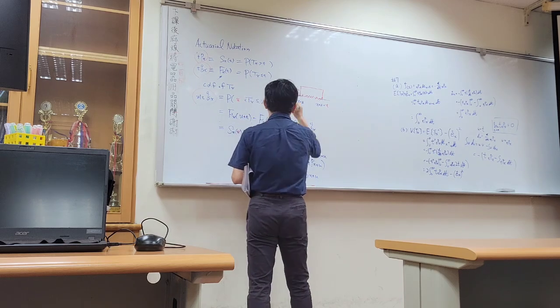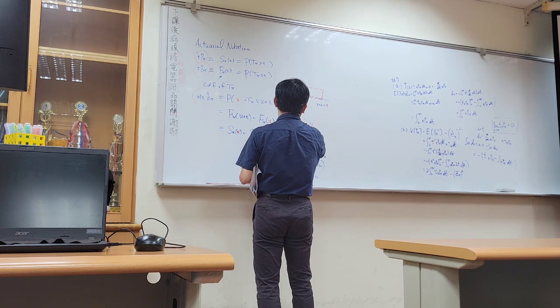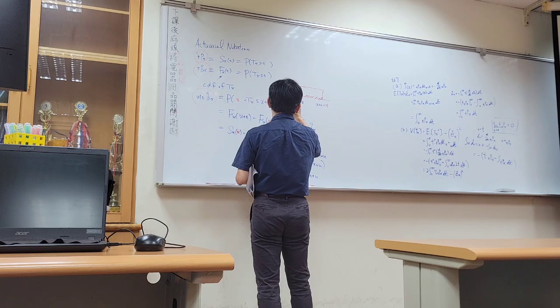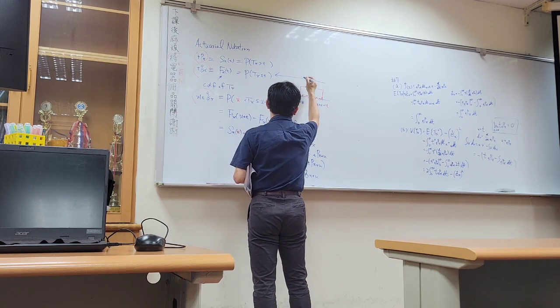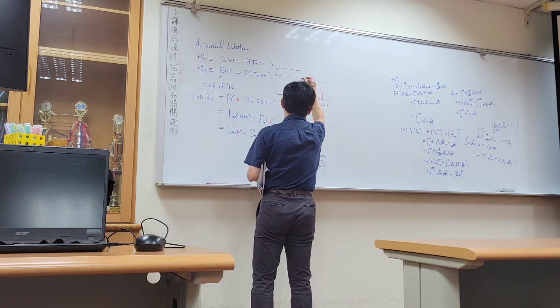So basically, using this probability, subtract this probability. So I will have this problem.